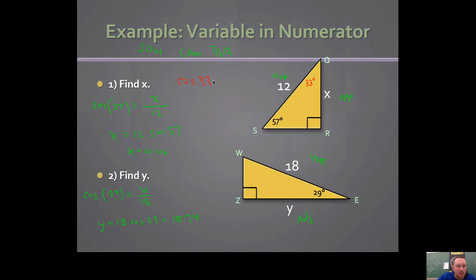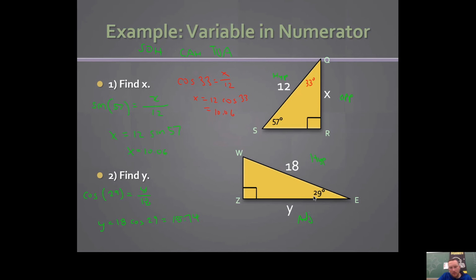So cosine of 33 would then be your adjacent over your hypotenuse. Notice how you're still multiplying. 12 cosine 33. Take a guess what that's going to equal. It gives me the same 10.06. That should not surprise you. It's the same leg.